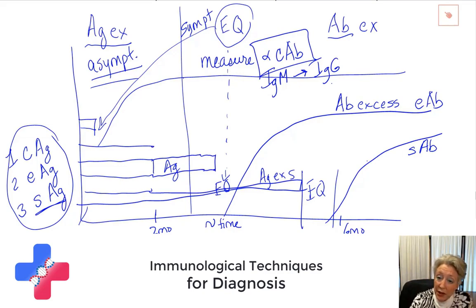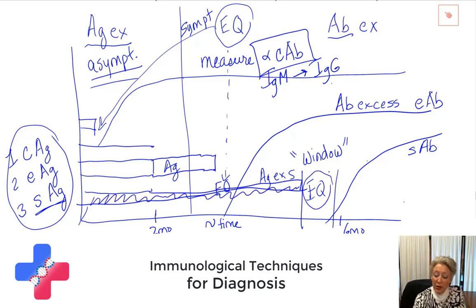So notice that in hepatitis B serology, that equivalent zone is indeed the window period. Everybody makes a big deal of that phrase, but it's simply the period of time where the S antigen disappears. Notice I can no longer measure this being in excess. There's a period of time when I can't measure either S or anti-S, and then I'm able to measure a rising titer of S antibody.